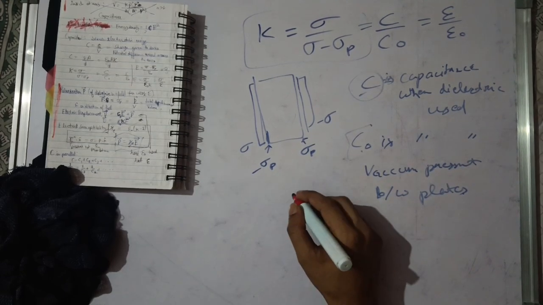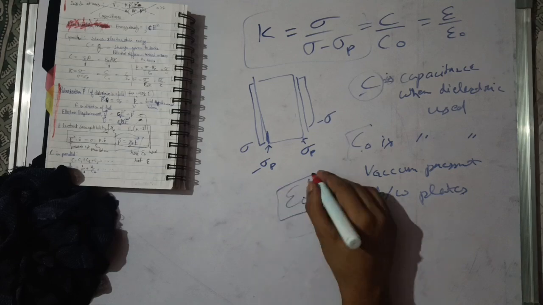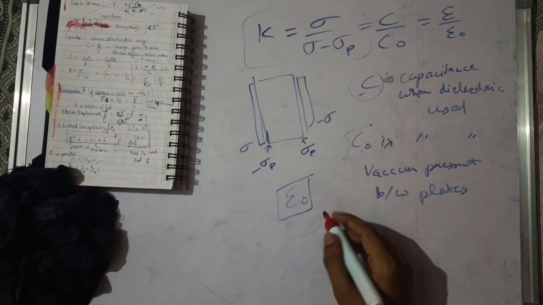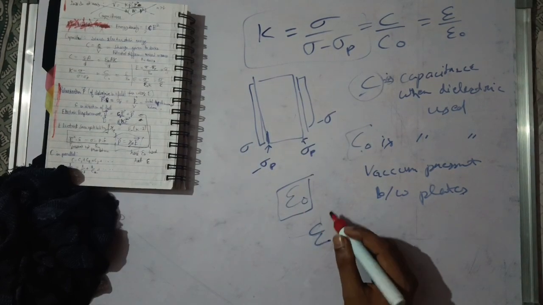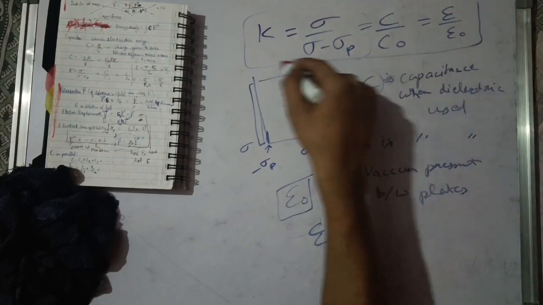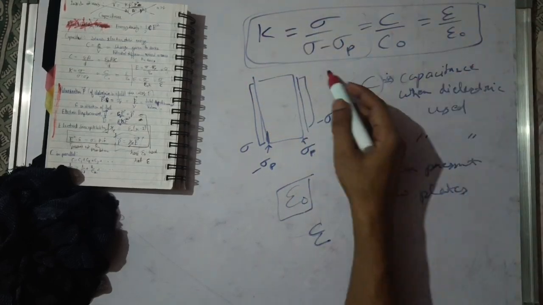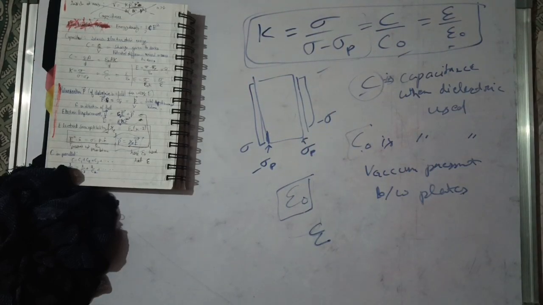When there is vacuum, the epsilon value is epsilon naught, and when a medium is used, we call it epsilon. So the dielectric constant K can be written in these three forms.